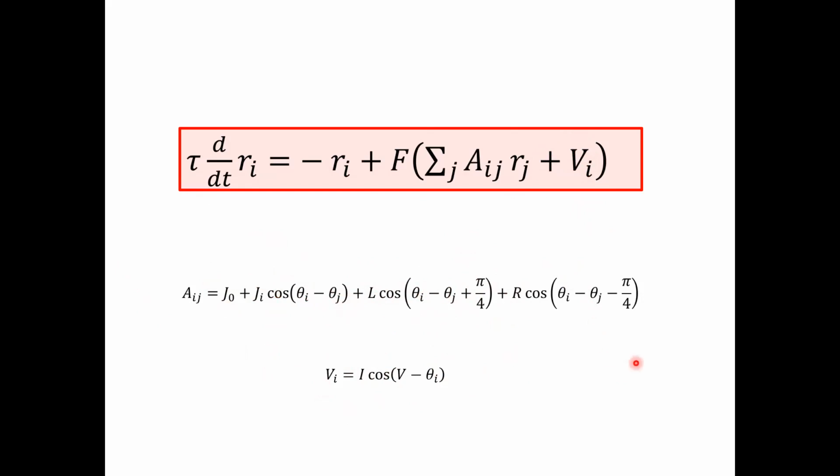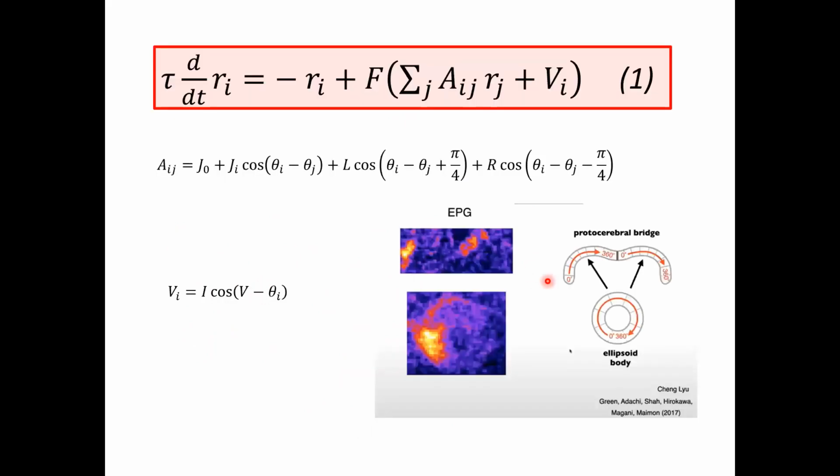Okay, so what I propose to do now is to have a more in-depth look at those equations and in fact try to simulate them a little bit. Just before doing that, this is an illustration of the bump activity on the ellipsoid body.